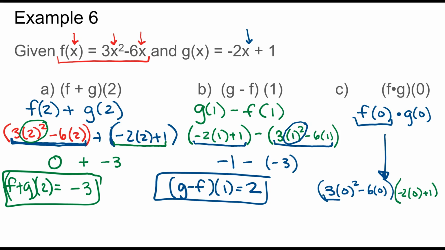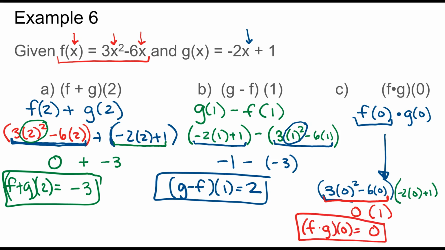So we're going to do this whole calculation here. And we get 3 times 0 squared. Well, that's 0 minus 0 gives us 0. Well, 0 times 1, the answer is 0. f times g of 0 equals 0.